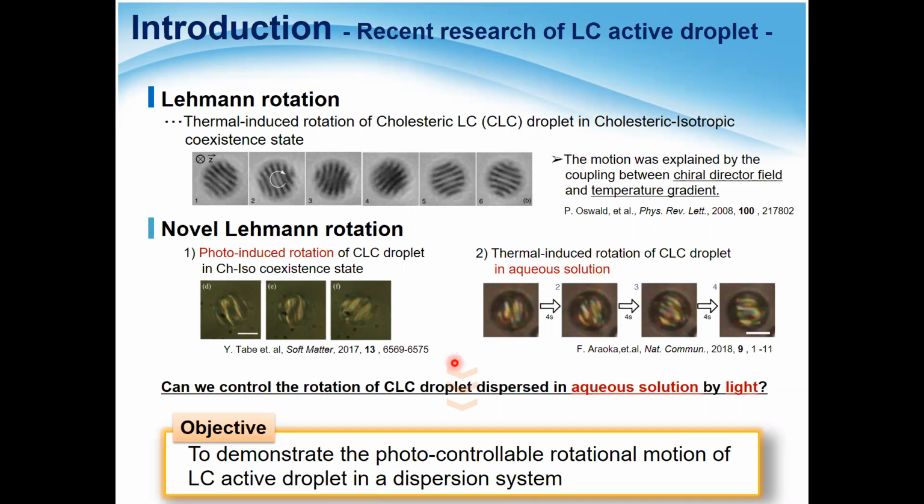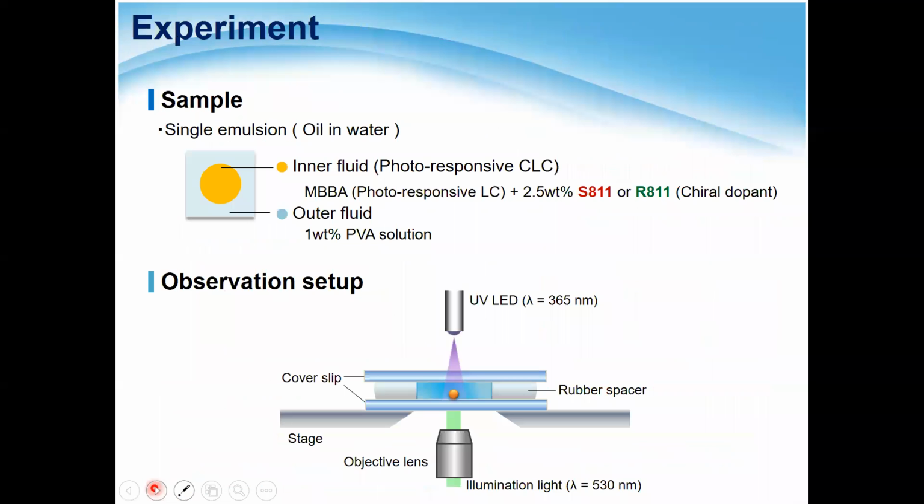So what we are trying to do is control this rotational motion in aqueous surfactant solution by light. What we did here, as a photoresponsive liquid crystal, we again use MBVA, and we added chiral dopant S811 and R811.